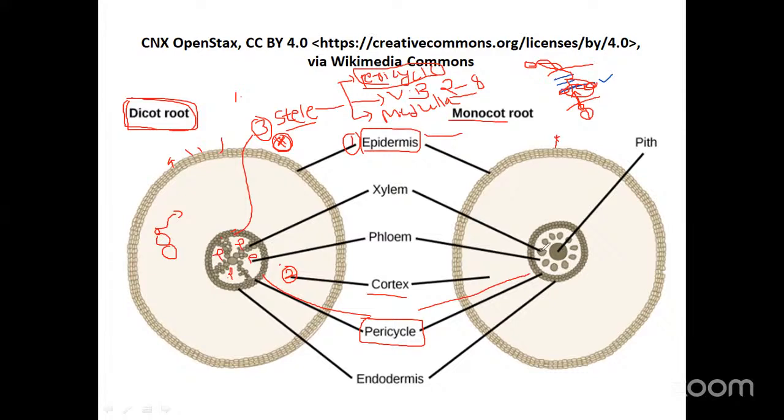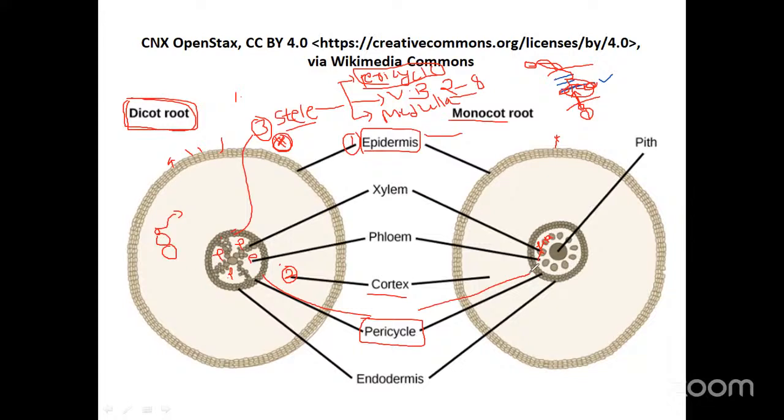This is xylem, and this is phloem, xylem, phloem, xylem, phloem. This empty place is phloem, remember, that's it. And the same condition is here also. The vascular bundle type is the same: radial, alternate, exarch, but a polyarch condition. In dicot it may be diarch, tetrarch or octarch, not more than 8. But in monocot, more than 8.